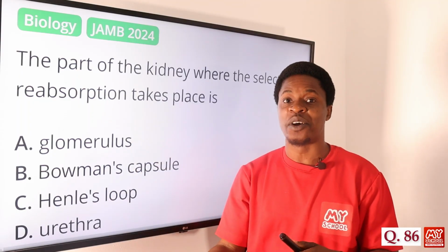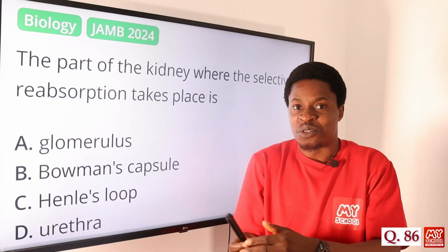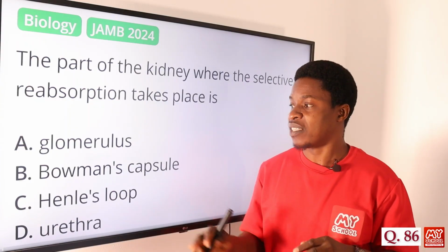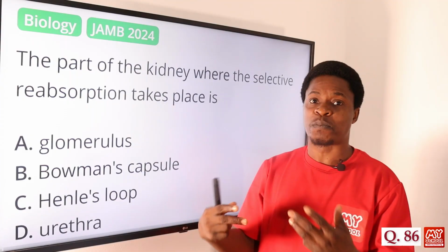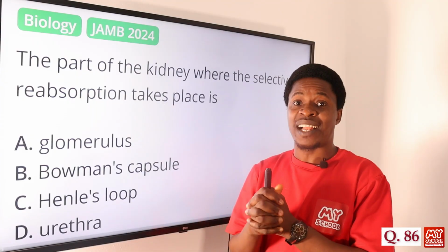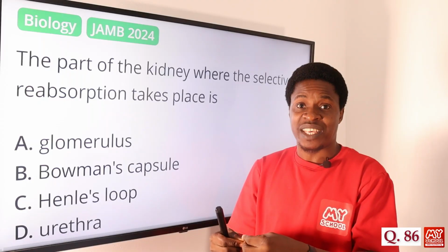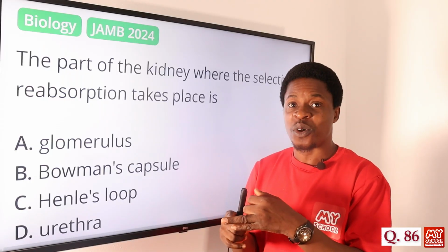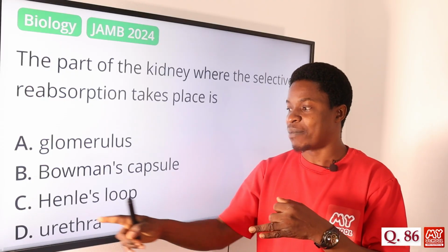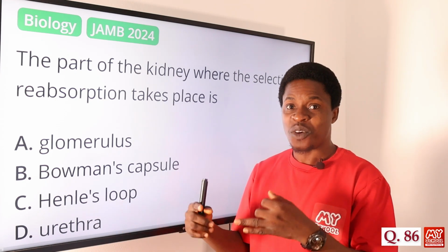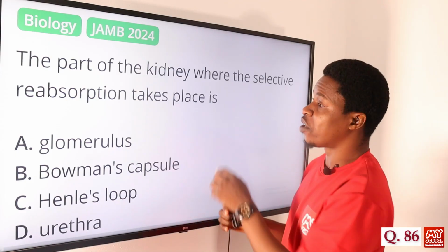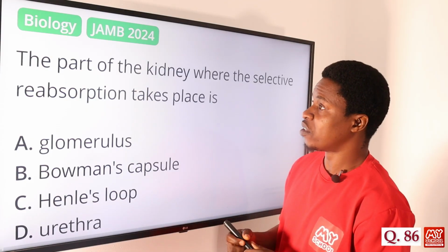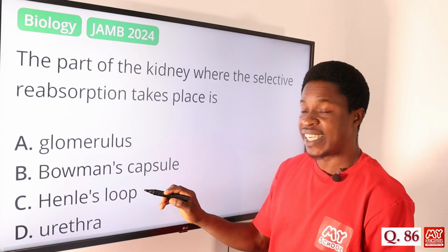So when they filter the blood, the waste, that is urine, usually will be ejected out. So selective reabsorption usually takes place in the proximal convoluted tubules, and then it takes place also in the loop of Henle, which is known as Henle's loop. So reabsorption or selective reabsorption in the kidney actually takes place in the Henle's loop.